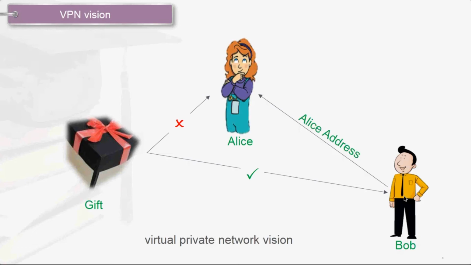So he will open it, and he will read the address inside this gift box and forward it again or send it to another person, to another address, to Alice, as an indirect way.